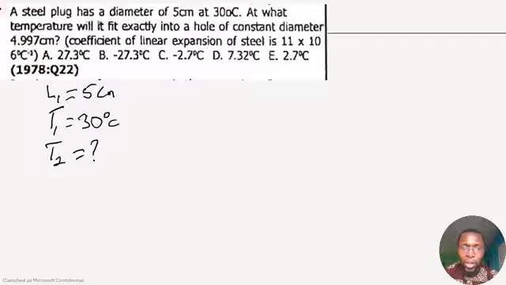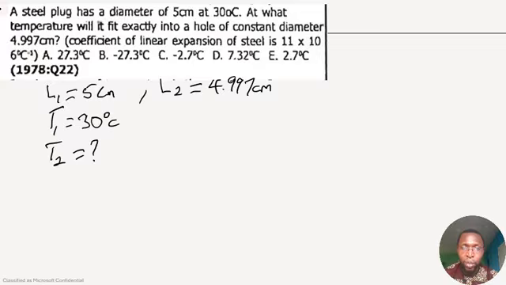At what temperature will it fit exactly into a hole of constant diameter 4.997? So we want it to fit into this hole. That means the final length now. So we are given L2 to be equal to 4.997 centimeter, right?